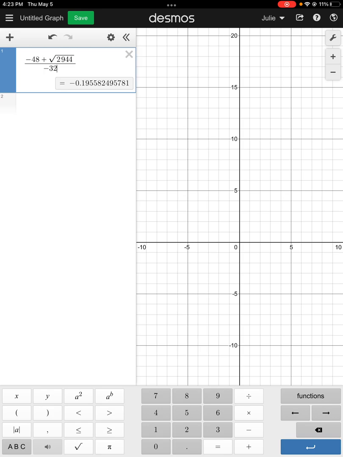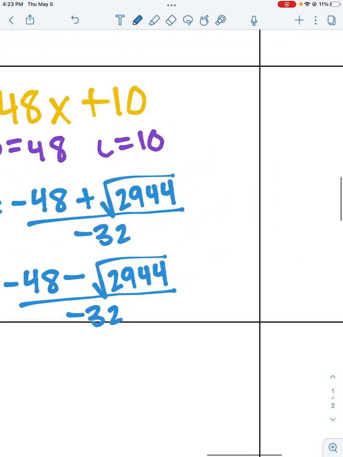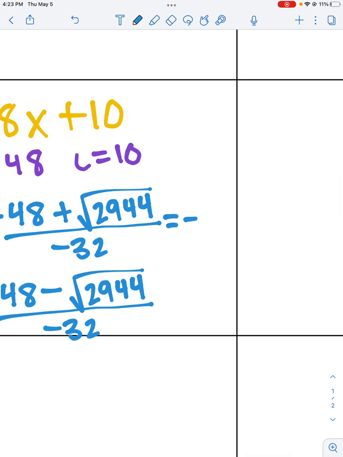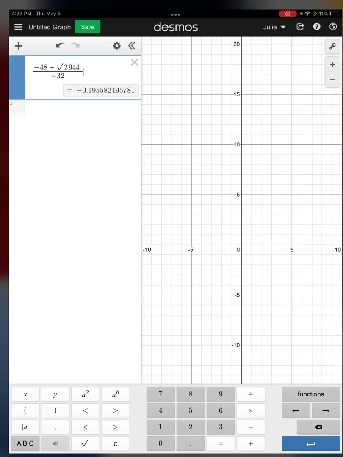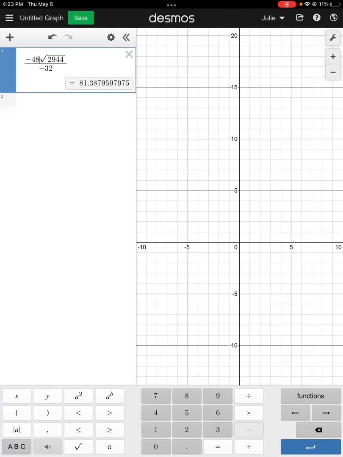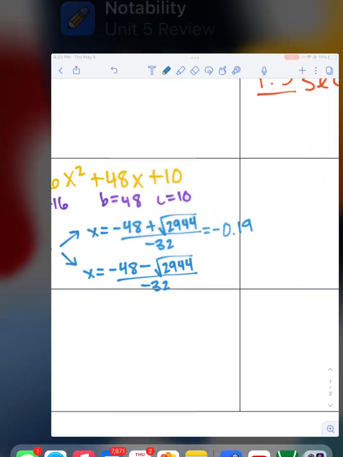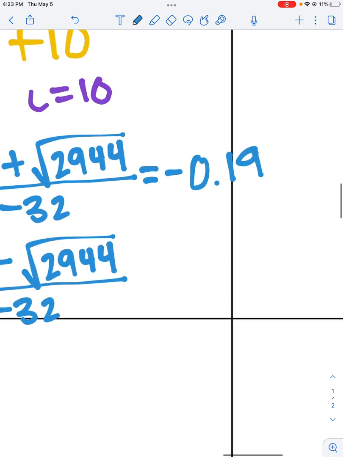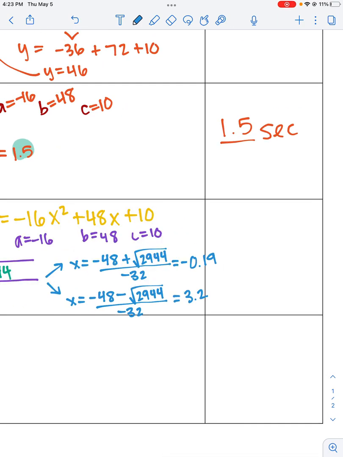So my first answer is negative 0.19, but we'll get the second answer first and then we'll talk about that. So then I change that to a minus, 3.19, or round up, 3.2. All right, so those are my two x answers.